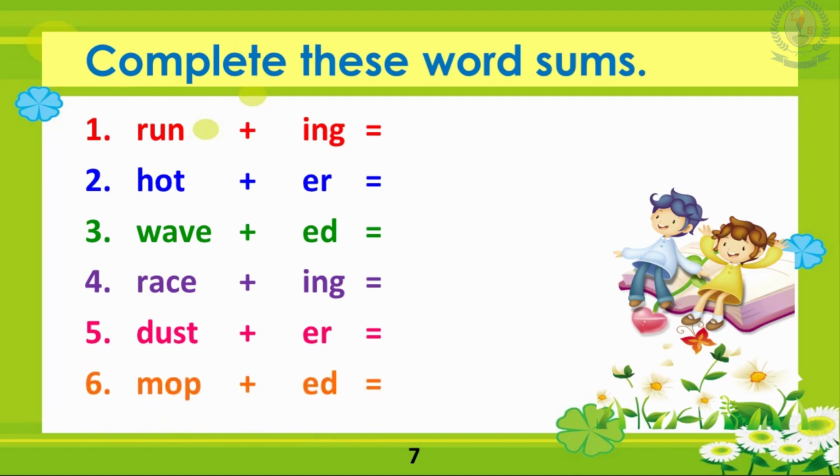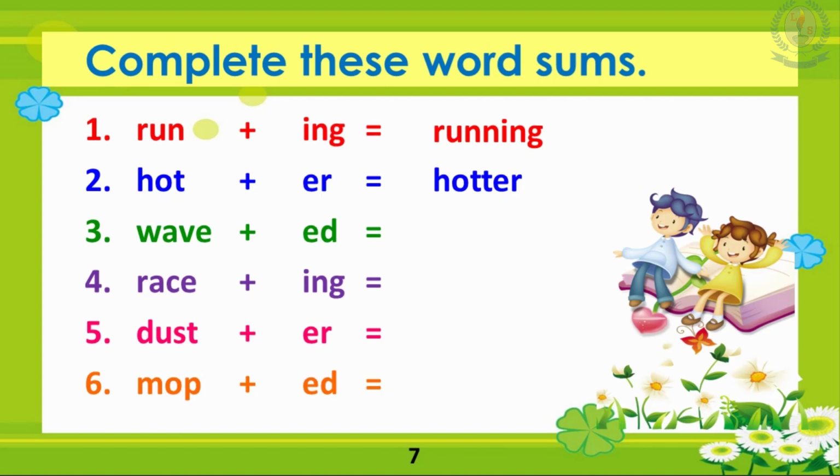Now, how do you add ing to run? Yes, you have to double the last letter because there is a vowel before N. Running. Now, how do you add er to hot? Yes, you have to double the last letter because there is a vowel before T. Then add er, hotter.